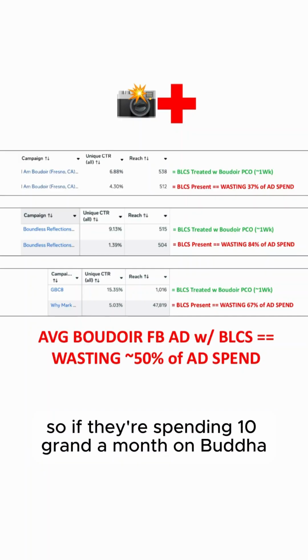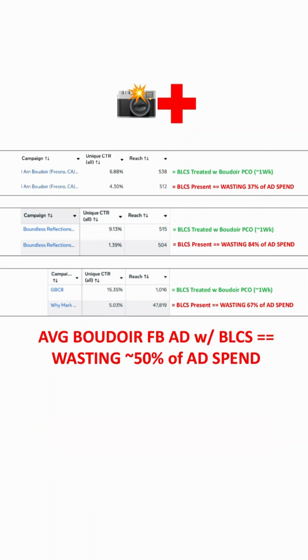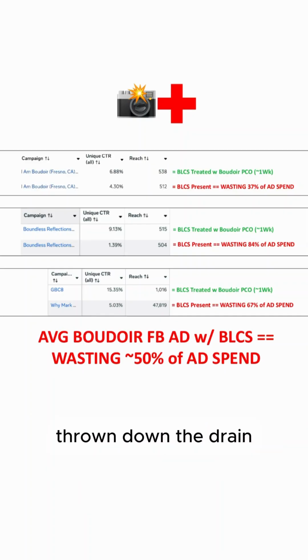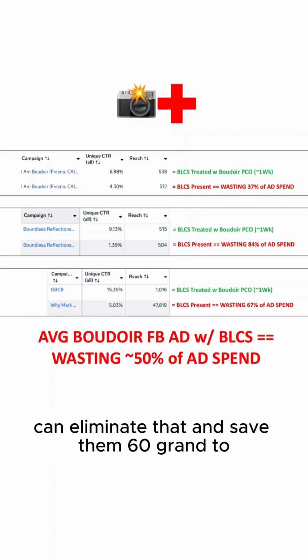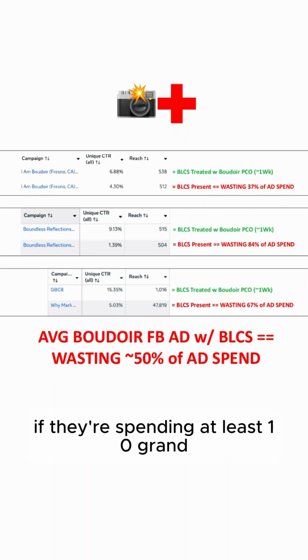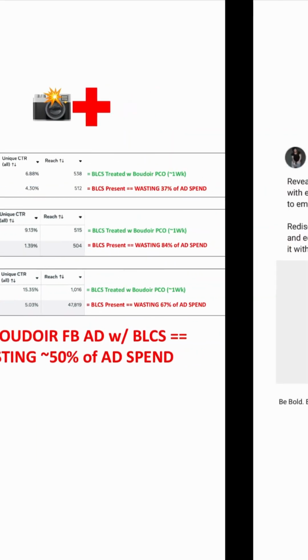So if they're spending 10 grand a month on Boudoir Facebook ads, on average, 5 grand every month is being wasted, thrown down the drain. We can eliminate that and save them approximately 60 grand in the next year if they're spending at least 10 grand a month in Boudoir Facebook ads.